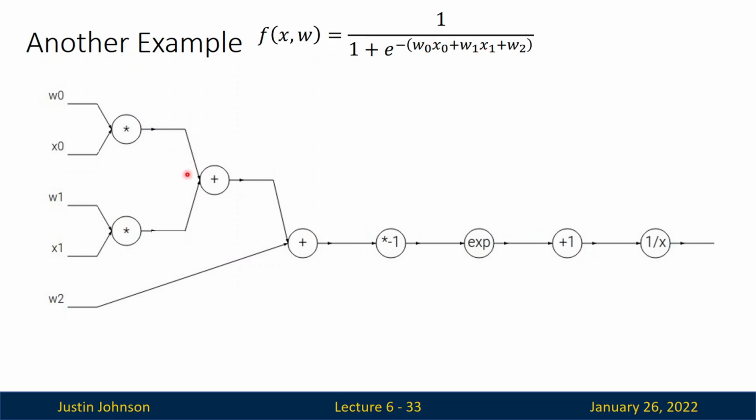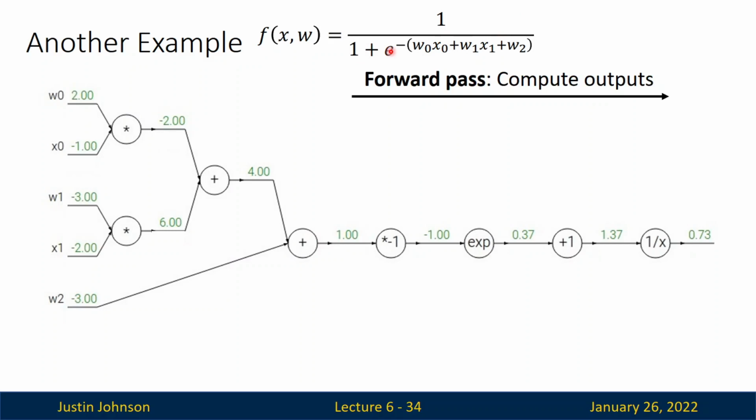Then there is a negative operator, an exponential operator, an additional operator plus 1, and then the inverse operator. Okay, so forward pass, suppose we have the values for those parameters like this. So this is a forward pass.